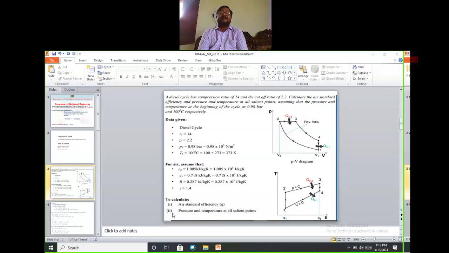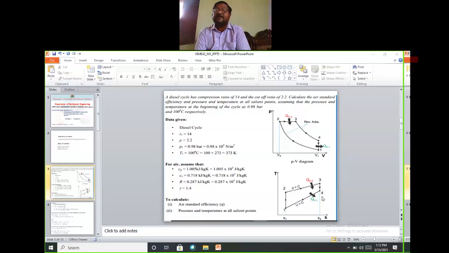The second thing to find is the pressure and temperature at all salient points. Why is it called a salient point? You see, states 1, 2, 3, 4, 1 are all called salient points. State 1 has pressure P1, V1, T1. State 2, P2, V2, T2. State 3, correspondingly, T3, V3 and P3.